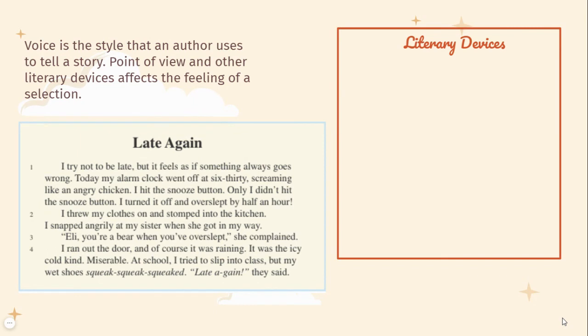I hit the snooze button. Only I didn't hit the snooze button. I turned it off and overslept by half an hour. I threw my clothes on and stomped into the kitchen. I snapped angrily at my sister when she got in my way. "Eli, you're a bear when you've overslept," she complained.